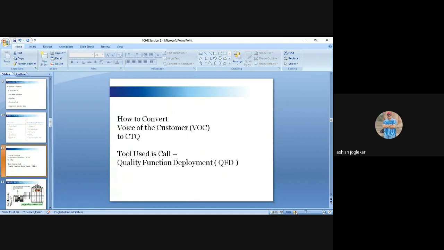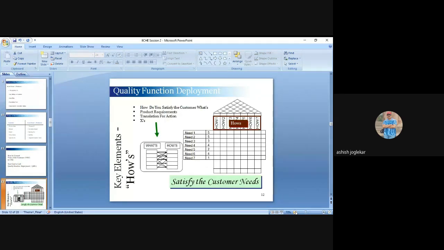This is the quality function deployment tree, where we match the what, the customer, to the how, the producer or our internal customer or process owner, to find out how we can meet the requirement of the customer. That is called quality function deployment.